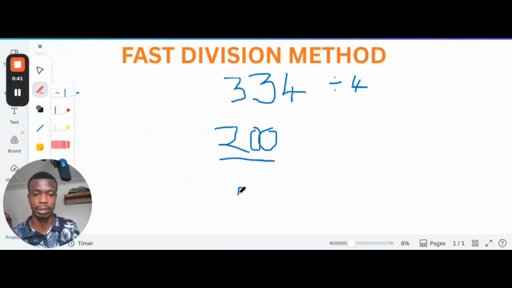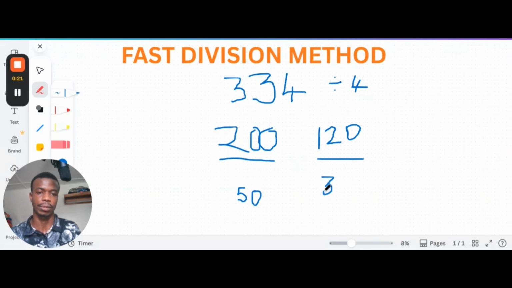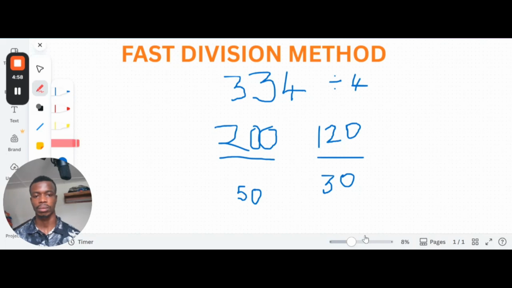Then we have 120, which we can also divide by 4. 12 divided by 4 is 3, so 120 divided by 4 has to be 30. So what remains? 200 plus 120 is 320. 320 plus 14 is 334.